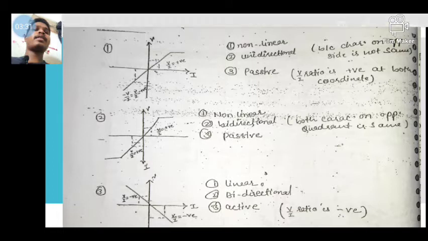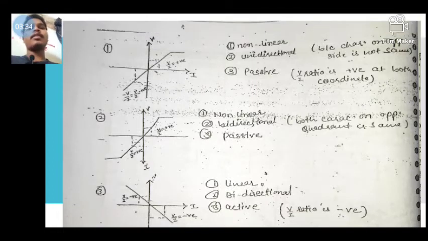Now see in these figures, this one is nonlinear, because the negative side and the positive side of the figure are not equal, and one slope is constant in nature. It is also unidirectional, and also passive.